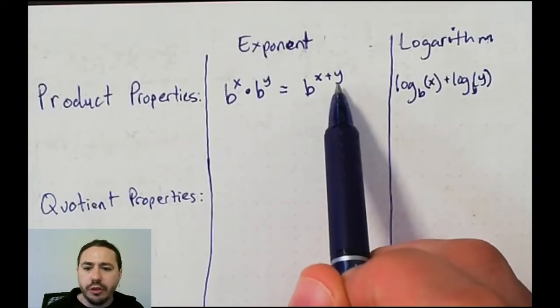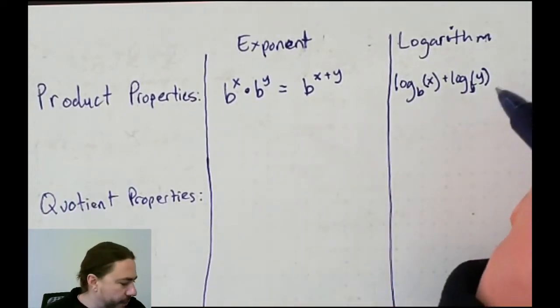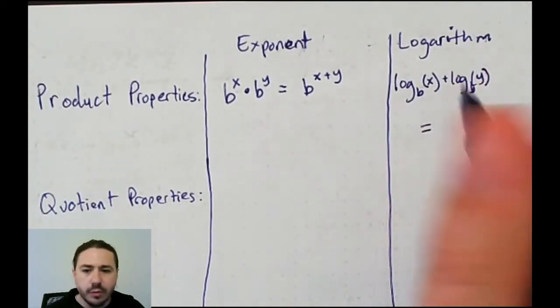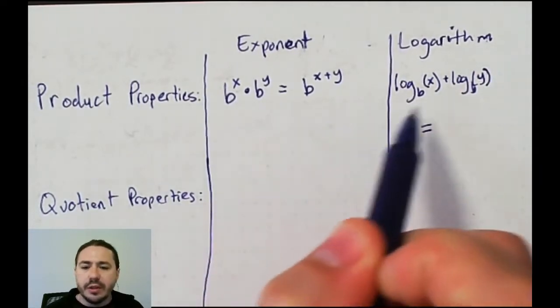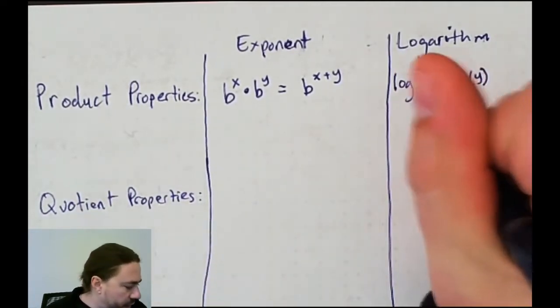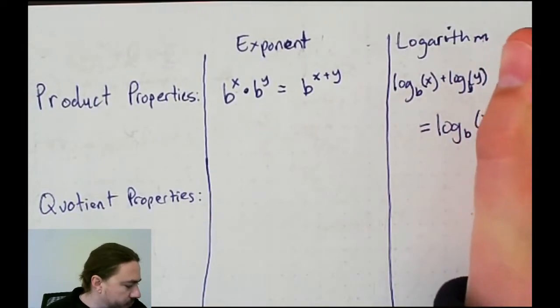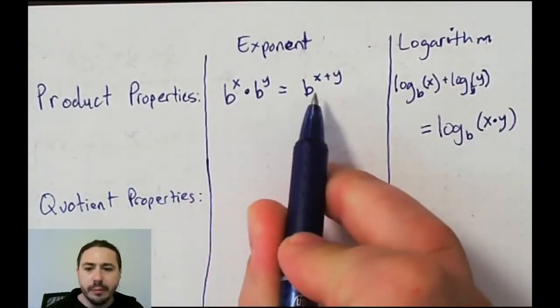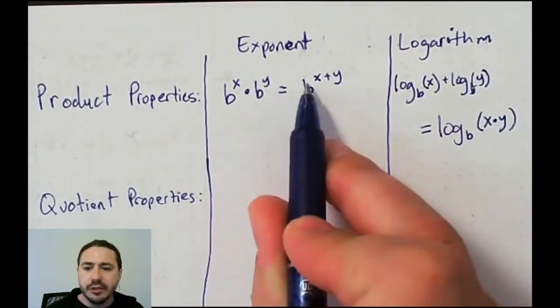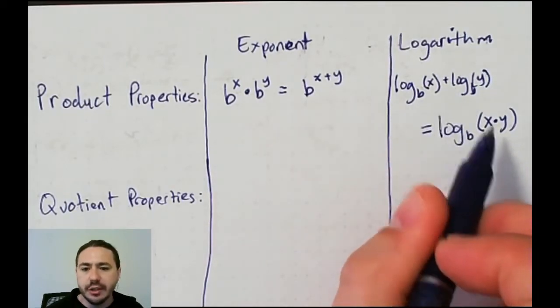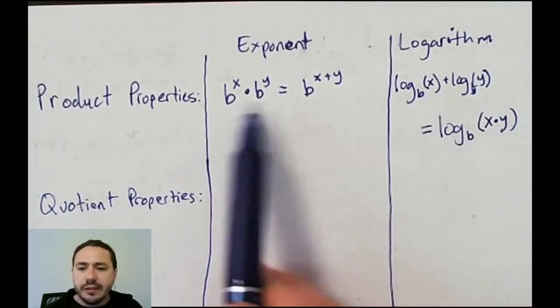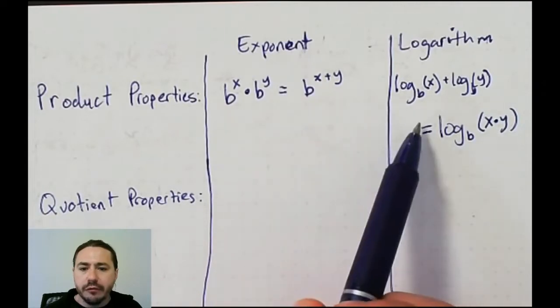What do you think is going to happen here? What is this going to equal? What this actually equals is log base b of x times y. So notice you're going backwards: instead of going from multiplication to addition, you're going from addition to multiplication. So that's the product property for exponents and for logarithms.